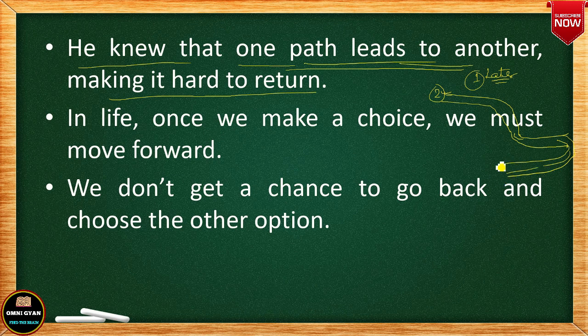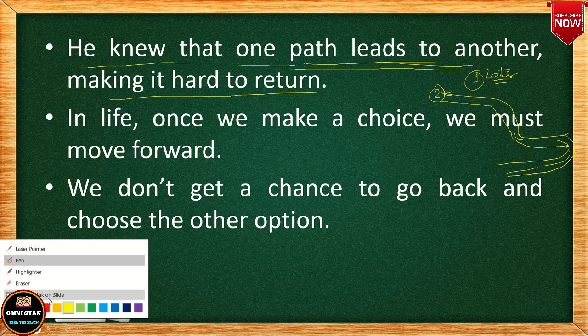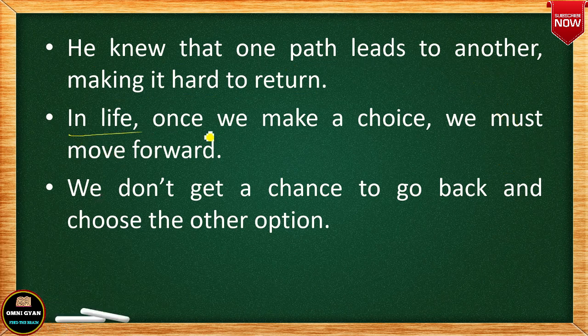All right. So once we make a choice, you see, what is the meaning of it? In life, once we make a choice, we must move forward. There is no coming back. Again, I'll give you the example of the stream so that you can understand better. You chose science stream and you thought sometime later on I can take arts stream.